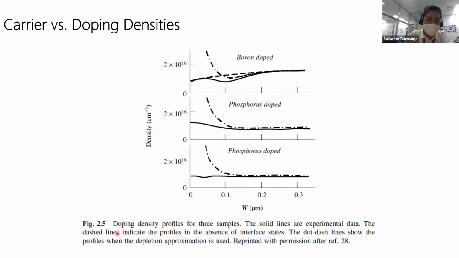The dashed lines are the profile when the depletion approximation is used. So solid line, this is the experimental data, and this is when the depletion approximation is used. As you can see here, there's a clear difference.